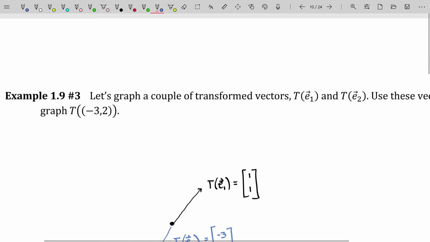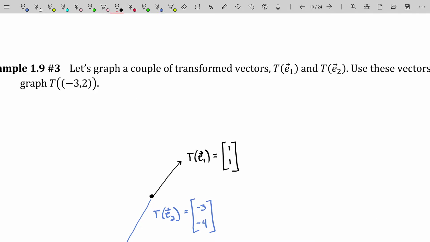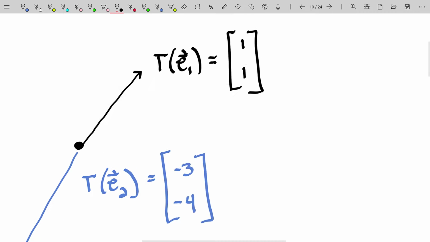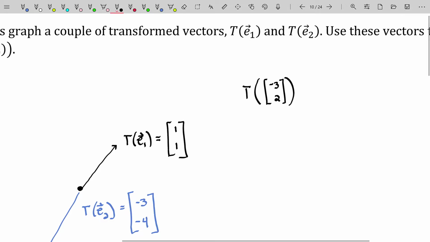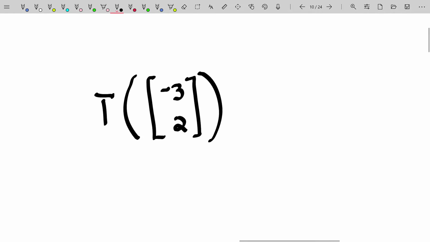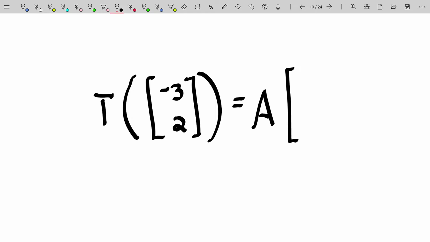And I would prefer to write that as the transformation of a vector. Because I told you the transformation of e sub 1 and e sub 2, you actually have the standard matrix for this transformation. Remember, this is going to be some standard matrix times the vector negative 3, 2.